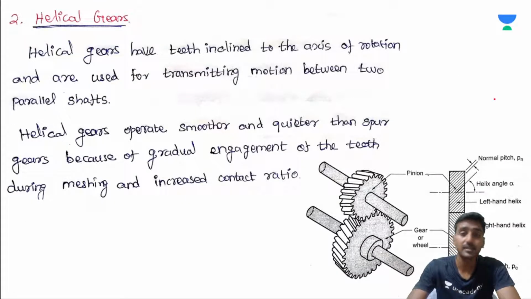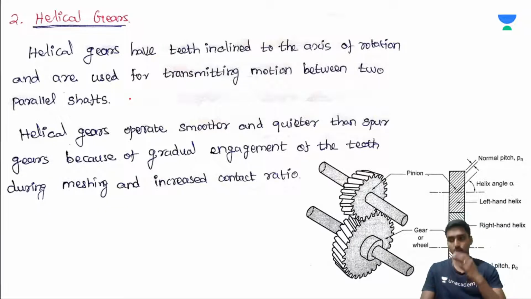Next, helical gears. Helical gears have teeth inclined to the axis of rotation, and they are used for transmitting motion between two parallel shafts. All the gears, spur gears, helical gears, herringbone gears and double helical gears, are used to transmit power between two parallel shafts.